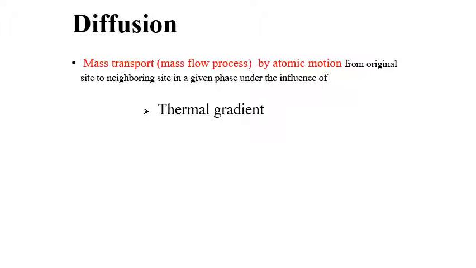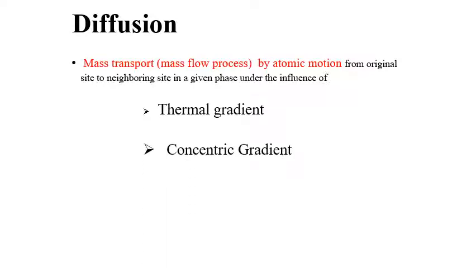Now if we keep two bodies at different temperatures, obviously the natural flow of heat will take place from the high temperature to the low temperature. Means between those two objects there is a thermal gradient, that is a difference in the heat.